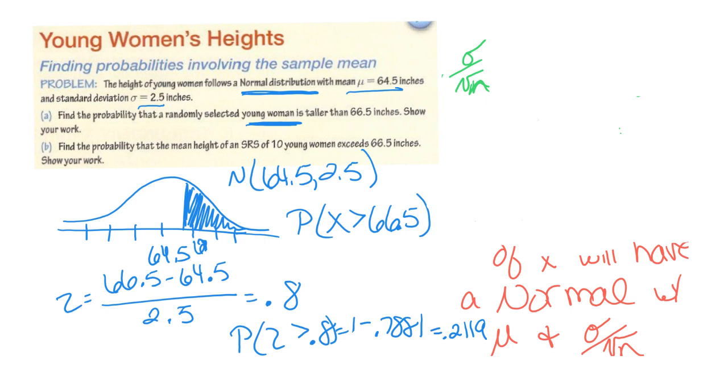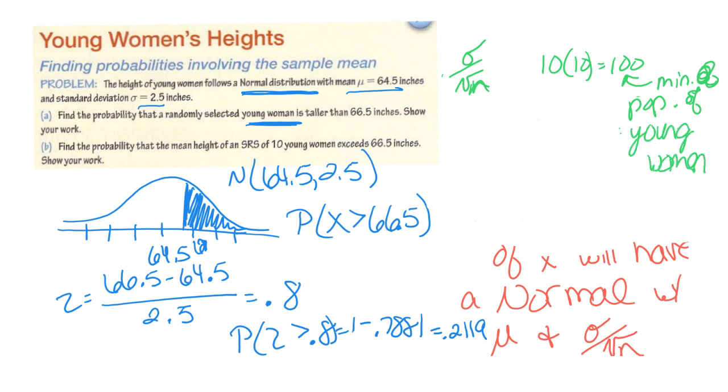So I need to do my 10% rule. If I did 10 young women times 10 equals 100, that means I need a minimum population of 100 young women. And there are definitely more than 100 young women. So I would say I'm covered there on my sample being less than 10% of my population.